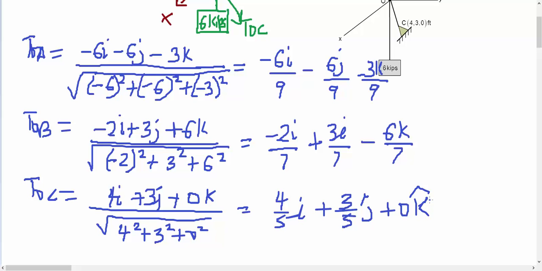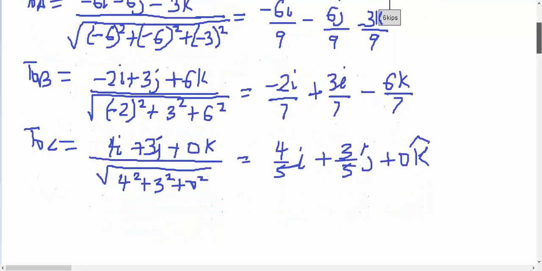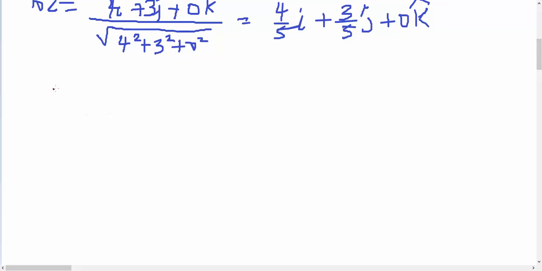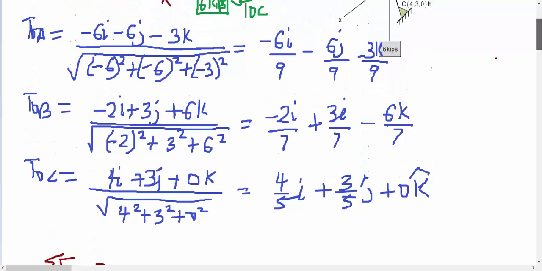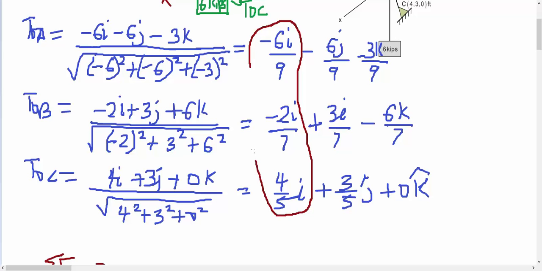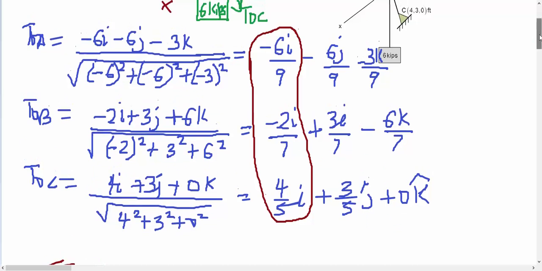So now we need to find the equations of all three. For the first one, we would have the sum of forces in the x direction equals 0. In the x direction here, we have this, and that, all three of them.